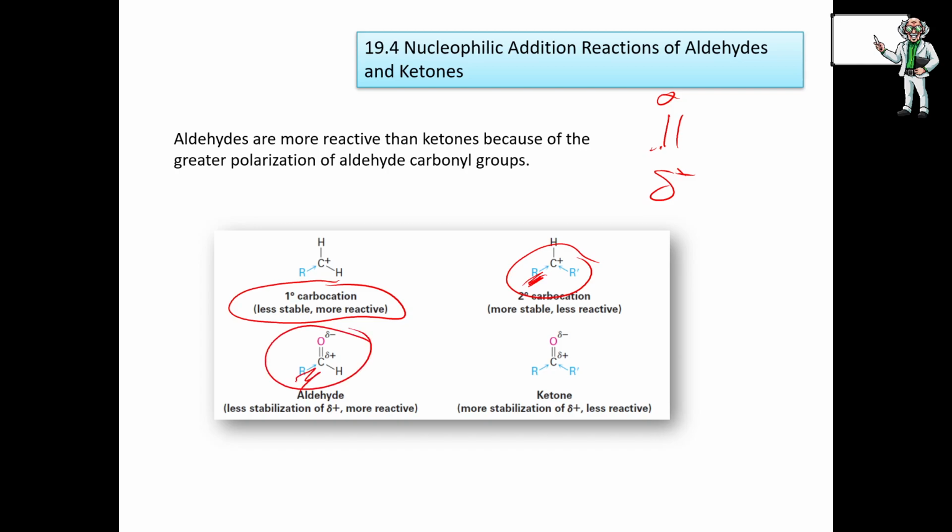What is happening is that we only have one stabilization, while in the ketone, we always have two stabilizations. That means in ketones the positive charge will be more stabilized than in aldehydes. If the positive charge is more stabilized, the carbonyl will be less reactive. That means aldehydes will always be more reactive than ketones.